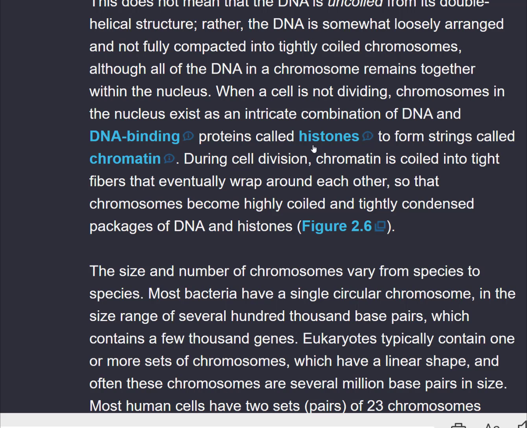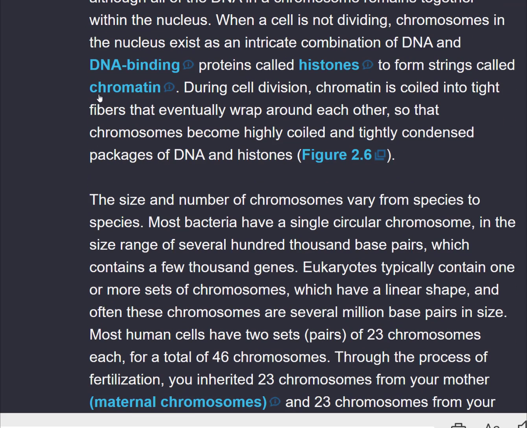Chromatin. Strings of DNA wrapped around proteins present in the nucleus of eukaryotes and the cytoplasm of prokaryotes.